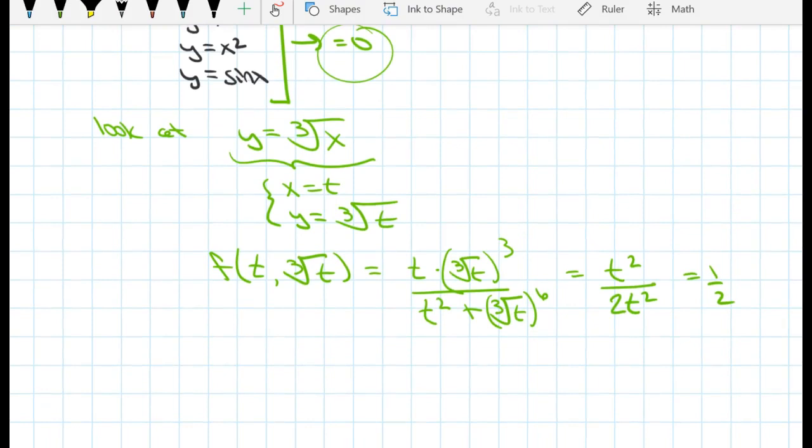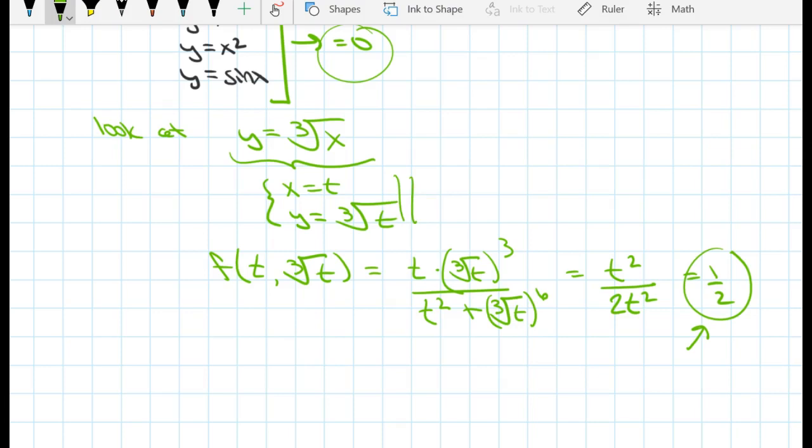If I were to ask someone what this describes, this describes the path, the roller coaster track, to use Coach's analogy, above the shadow on the ground, y equals cube root of x.